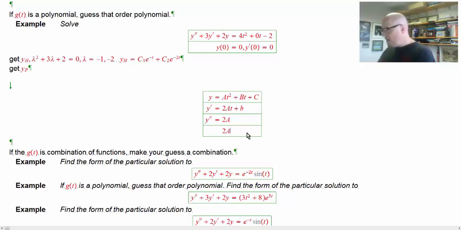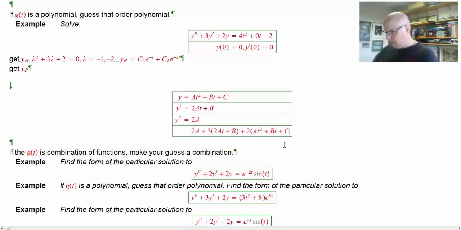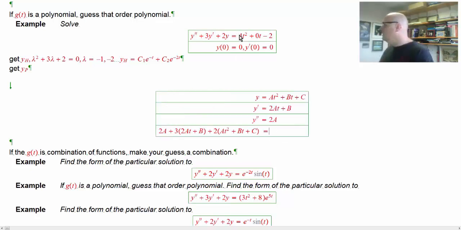So I get y prime prime plus 3 times y prime plus 2 times y is equal to my target function.